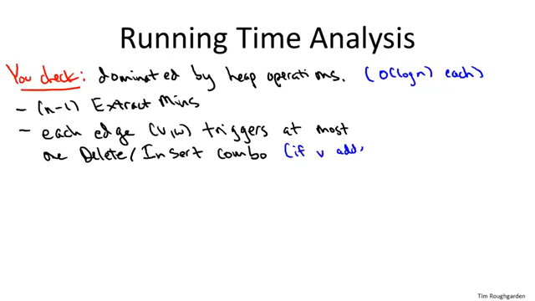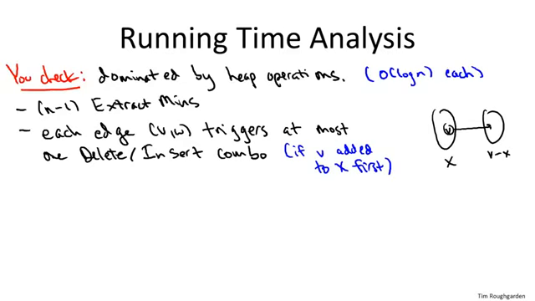If that happens, if V gets sucked into X and W is still outside of X, then indeed we're going to have to decrease the key of W, just like we did in the examples. But that's all that's going to happen. V can only get sucked into X once, it's never going to leave it. So it's only responsible for this single decrease in key of its head W, and that's one insertion and one deletion.